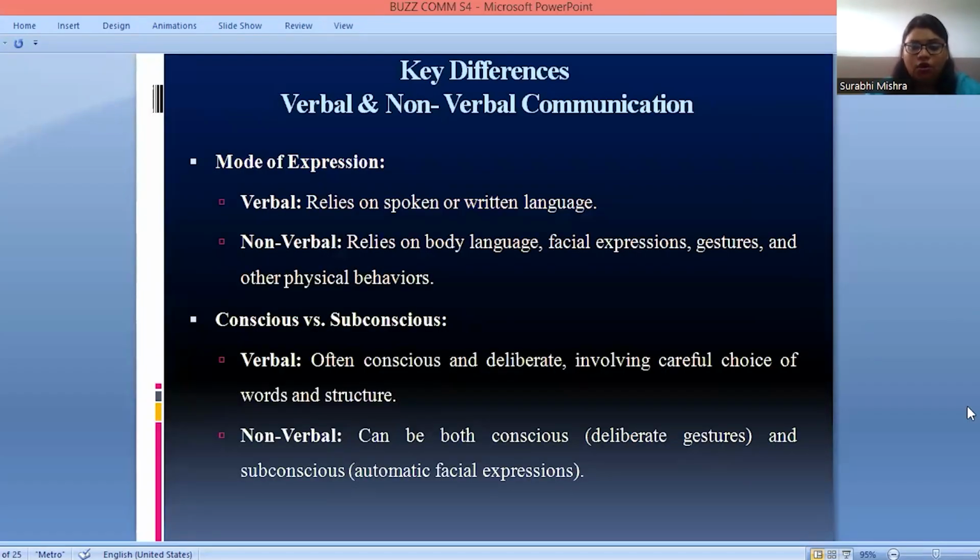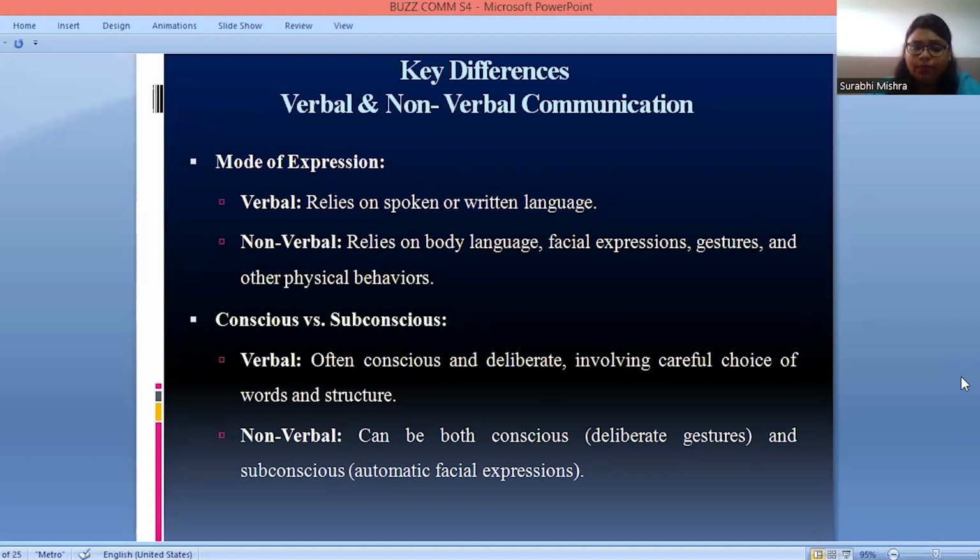So let's talk about the key differences between verbal and non-verbal communication. First, we'll see the different modes of expression in verbal and non-verbal. In verbal form, the mode of expression relies on spoken or written language.